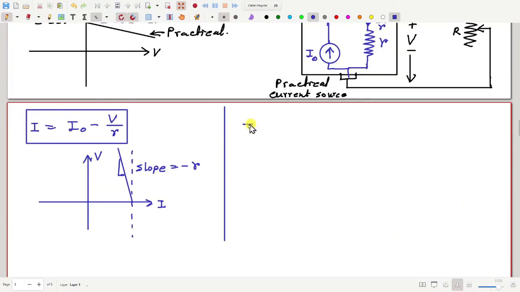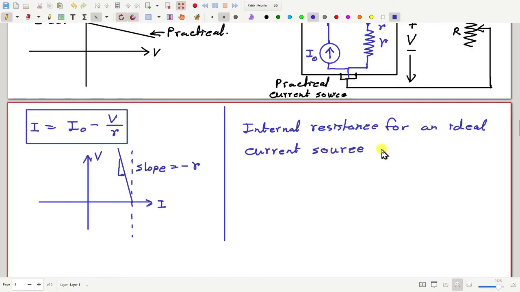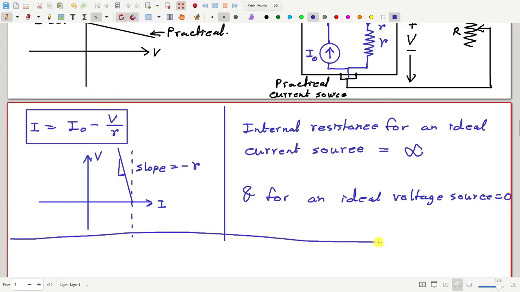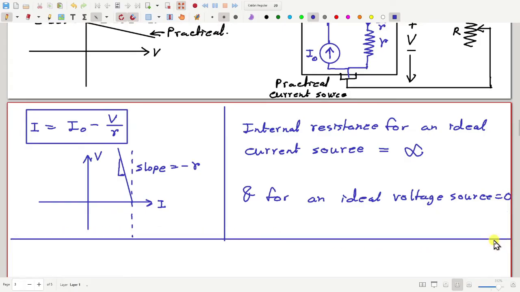So internal resistance for an ideal current source is infinite, and for an ideal voltage source, we already saw this. How much was this? Zero.